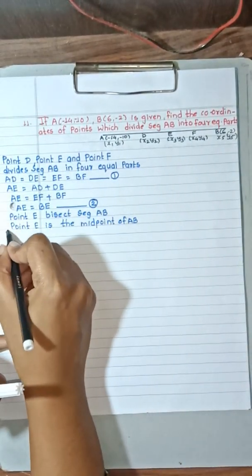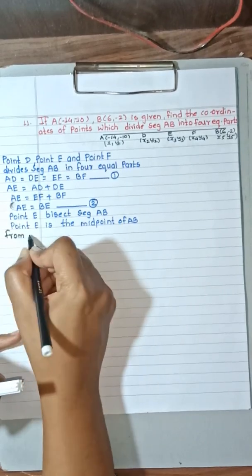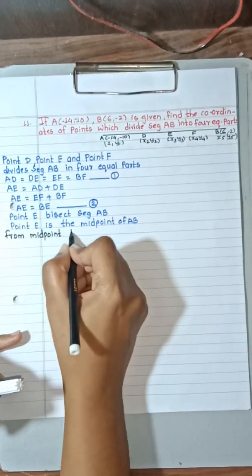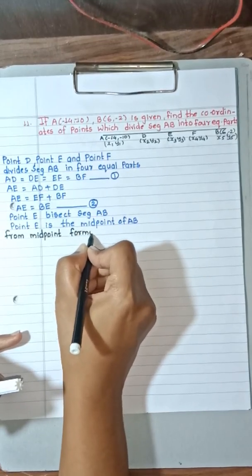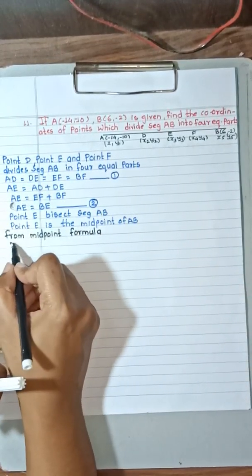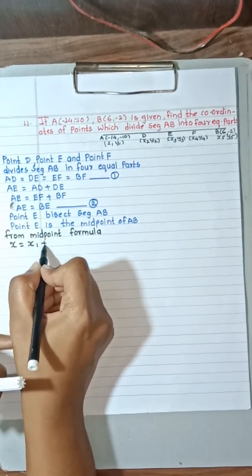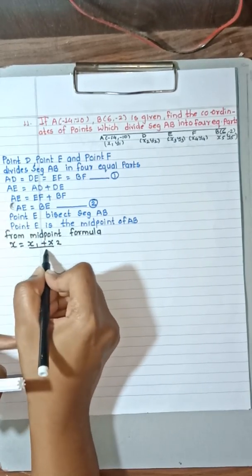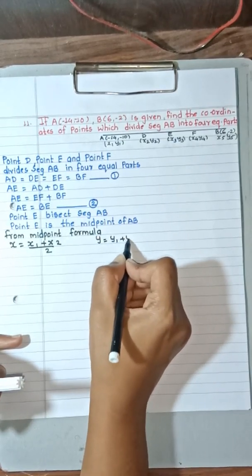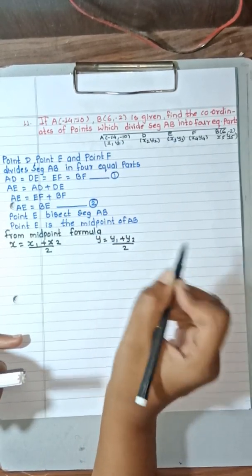From the midpoint formula, so what is the midpoint formula? That is x is equal to (x1 plus x2) upon 2, and for y it is (y1 plus y2) upon 2. So this is the formula.